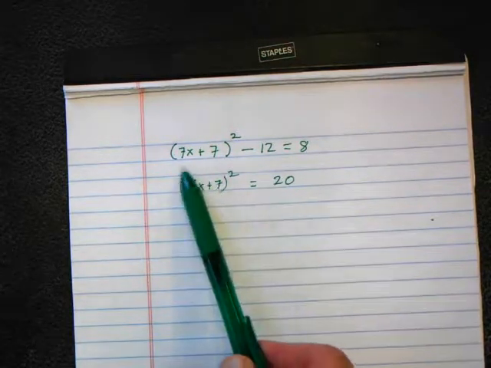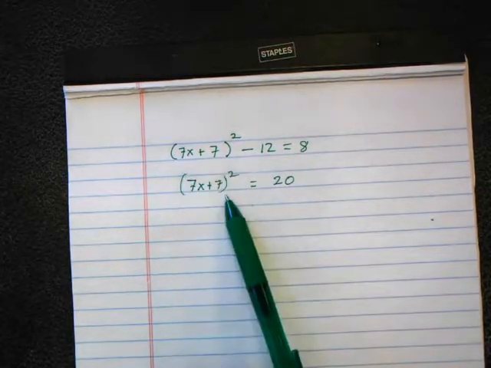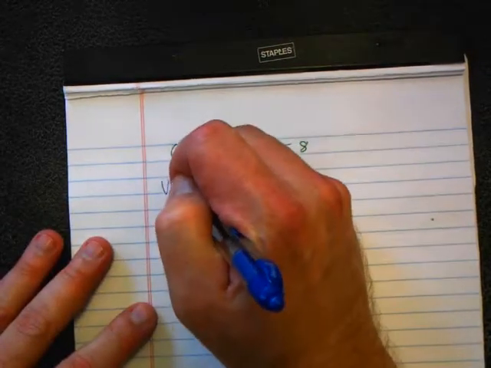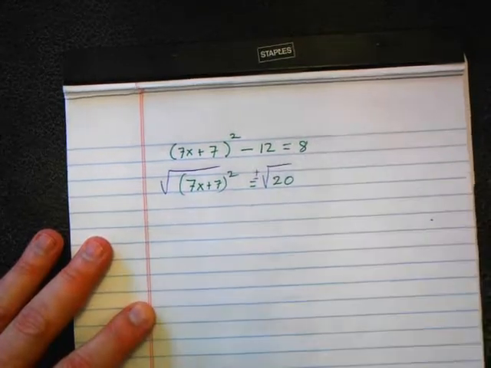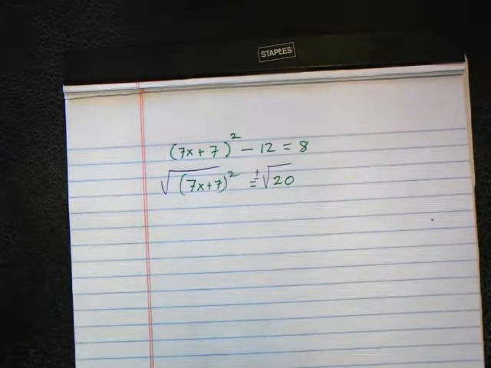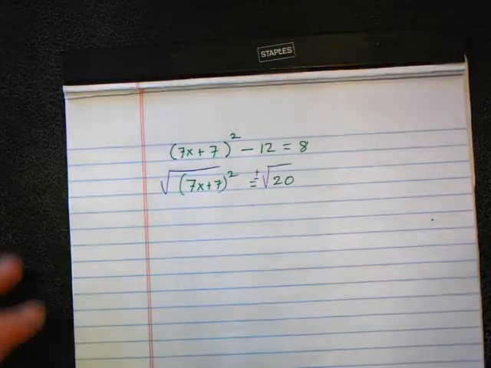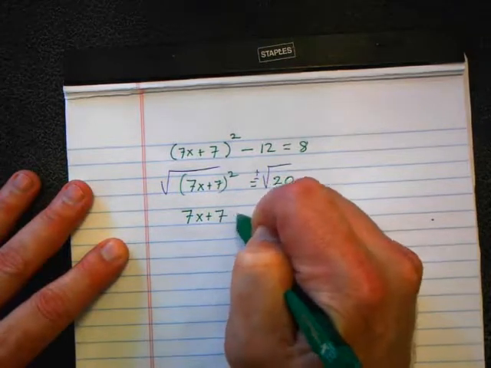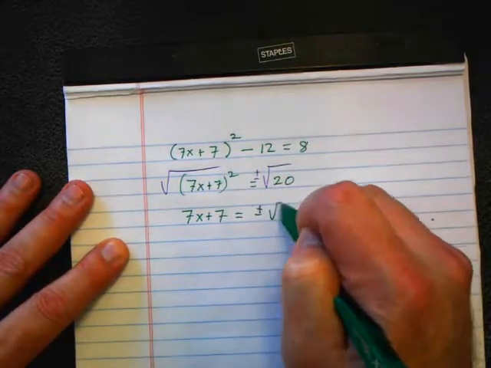I want this thing exactly all by itself. Why? Because then I can square root, and when I square root, it reduces with the square. All right, so that gives us 7x plus 7 equals plus or minus the square root of 20.